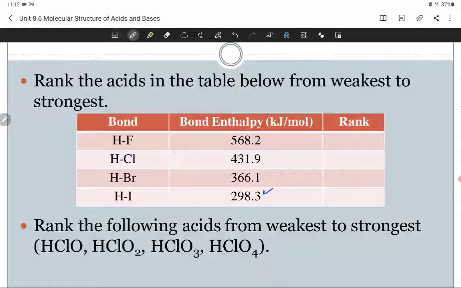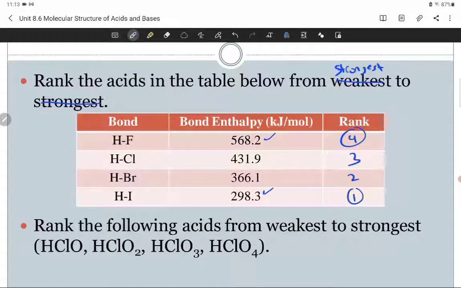It says weakest to strongest, so I guess we want to make that number 4 then. You know what, I don't really like that, let's rank them from strongest to weakest. So this is number 1 to weakest, okay? This is the strongest bond, so it's the weakest acid.